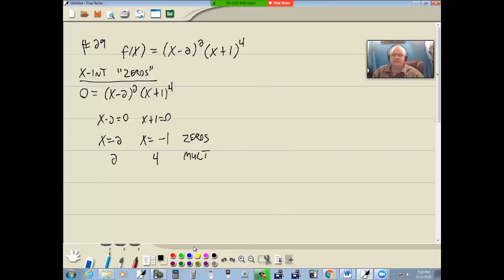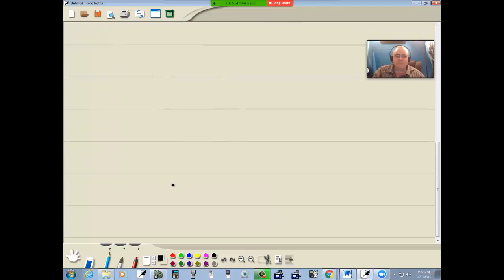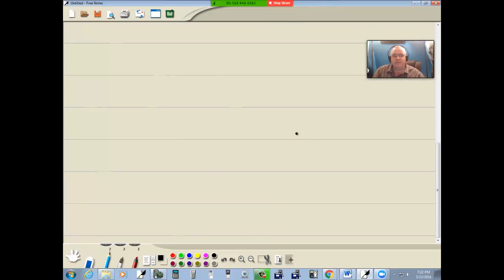So they're both even. So in terms of touching or crossing, they're both touching. So negative 1 and 2. Here's negative 1, and here's 2. And they're both touching.